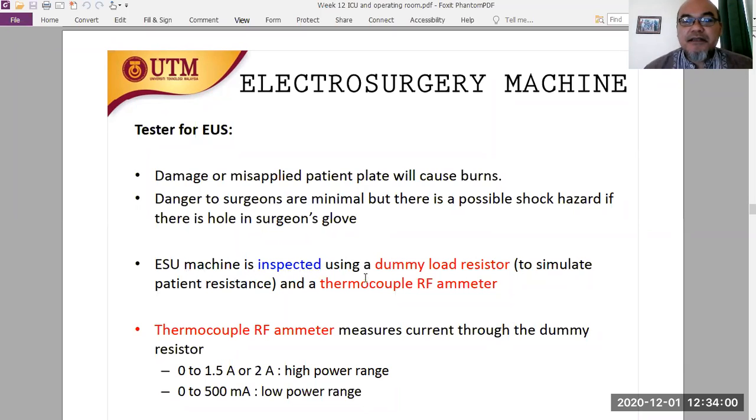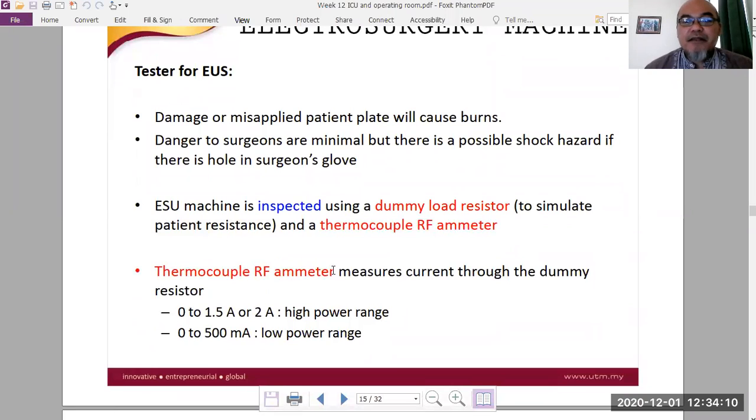The ESU machine is inspected using a dummy load resistor to simulate the patient resistance and a thermocouple radio frequency RF ammeter. The thermocouple RF ammeter measures the current through the dummy resistor with a 0 to 1.5 ampere or 2 ampere range for high power, or 0 to 500 milliampere for low power.